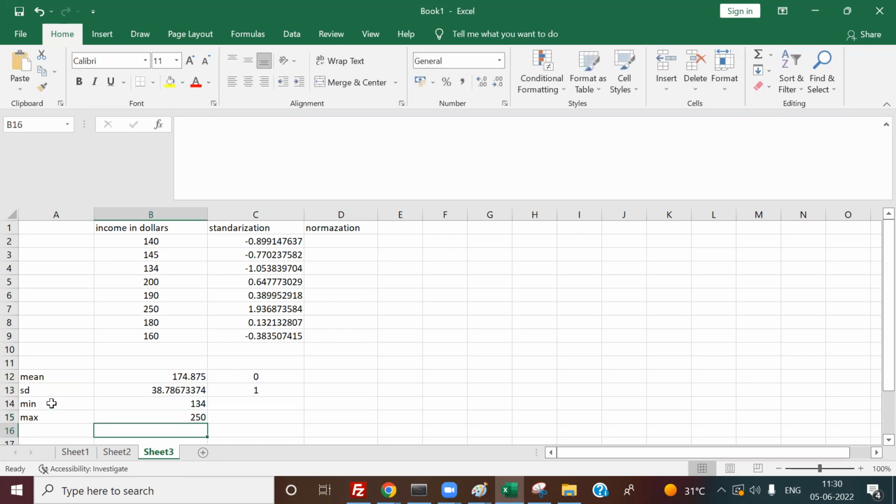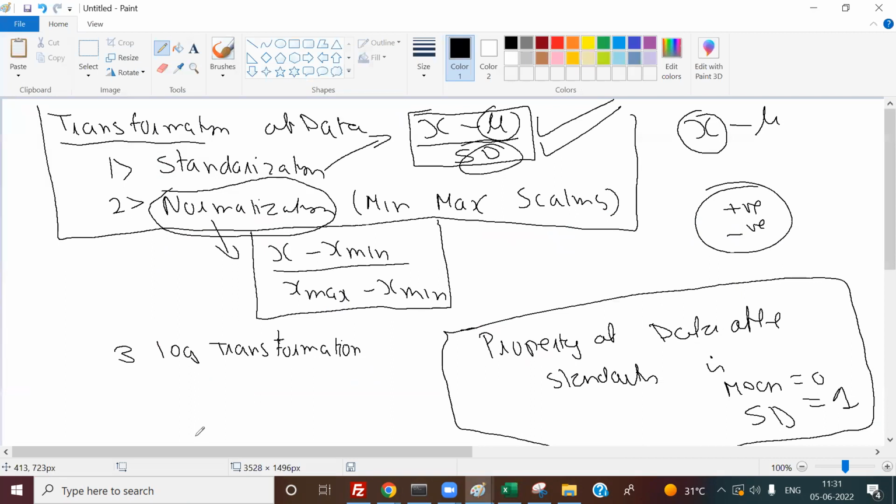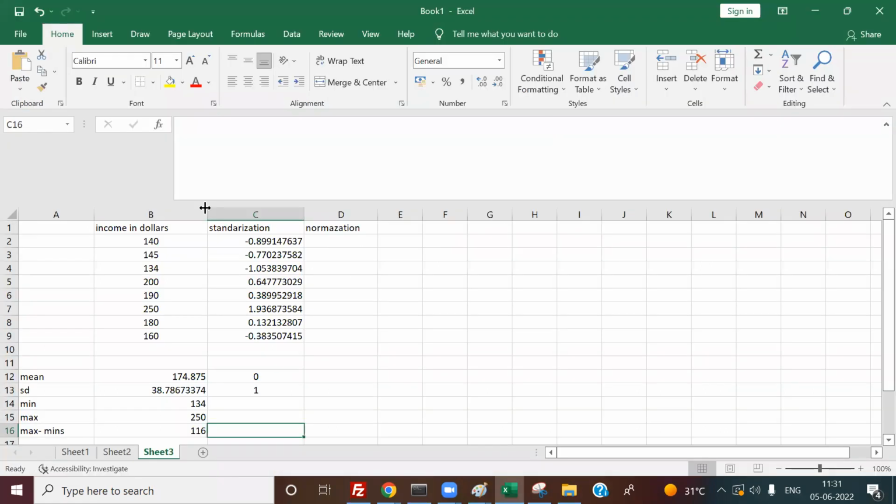What is max minus min? This minus this, so 116. So in this formula the denominator gets fixed. It would always be 116 for this data. The only thing that will keep changing is x minus x min.